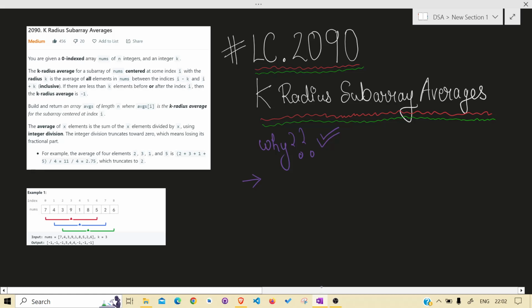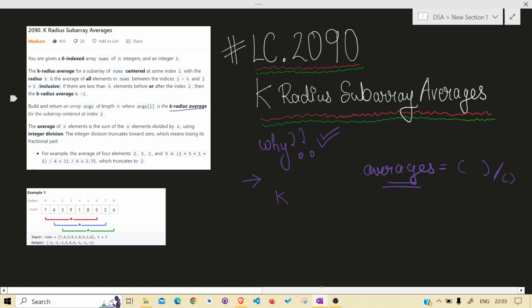So we are given a k. Basically we have averages. You know how to get the average: the sum divided by the number of elements. That's it. But we need k radius averages.